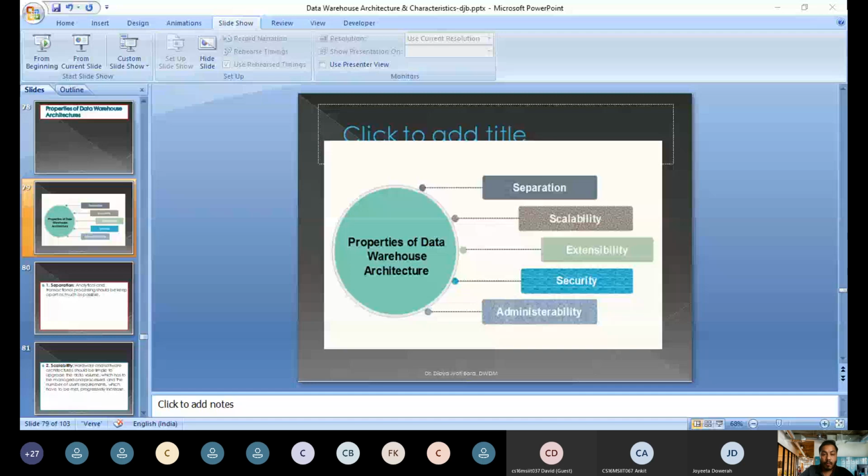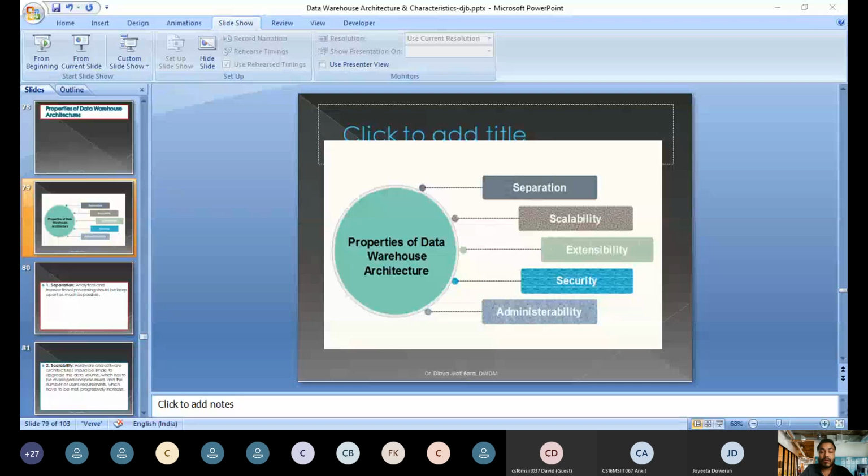So we were talking about the properties of data warehouse architecture. First, we have seen separation, then scalability, then extensibility. Now coming to the next one, that is security. Monitoring accesses are necessary because of the strategic data stored in the data warehouse. So I hope we don't need to again discuss this security feature.